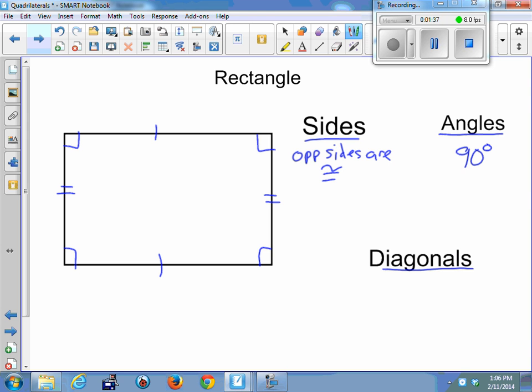Then the diagonals. Because this is a parallelogram, it is still a parallelogram, they bisect each other, just like the one we did earlier.